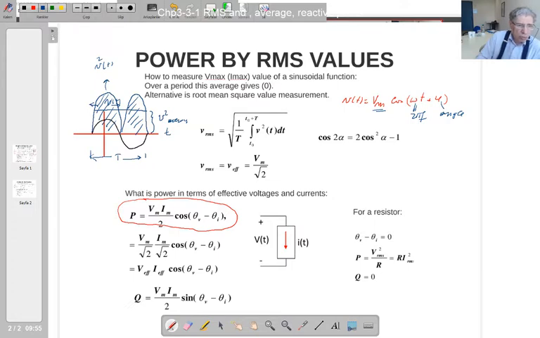So that is the area here. When you get the square of it, this integral gives you this blue area. If you divide this blue area by the period, you're going to get this average. So up to here, that is V square average.